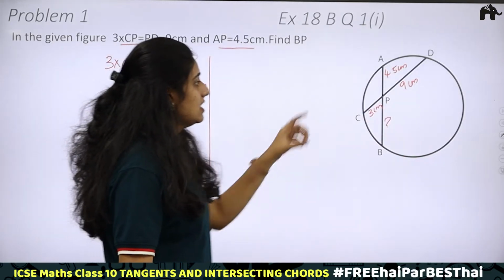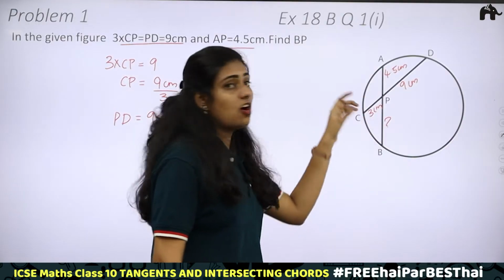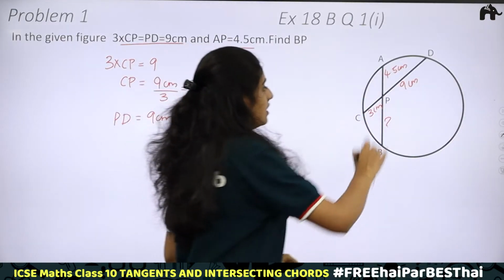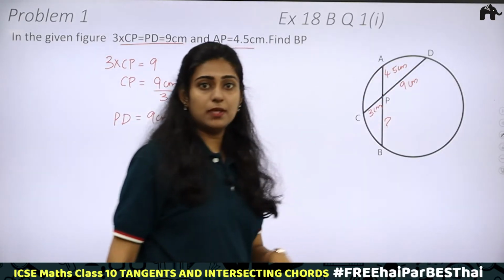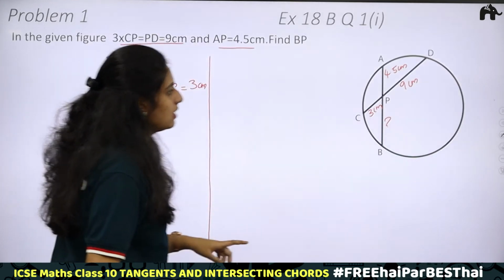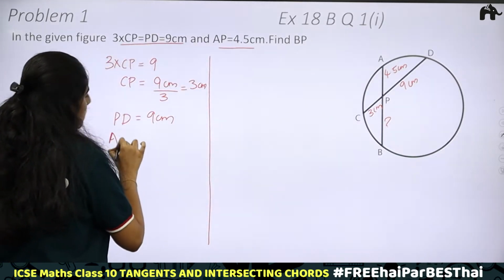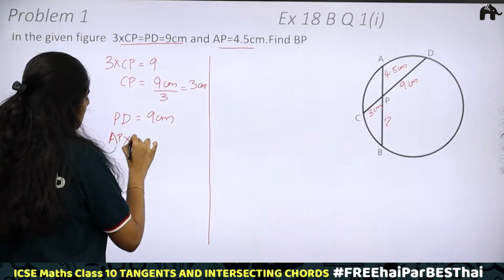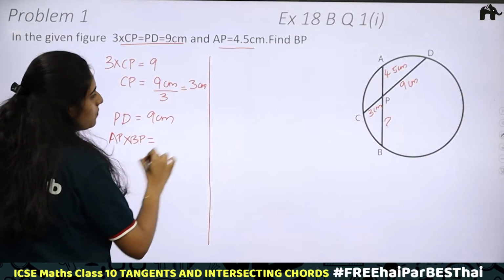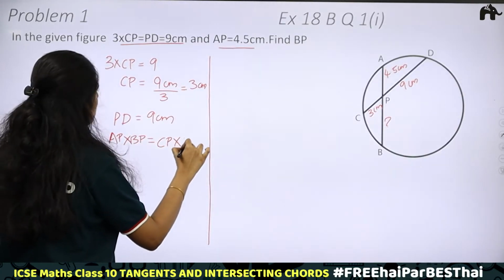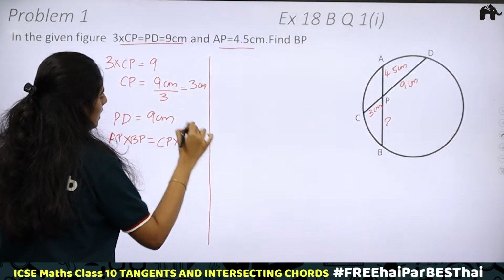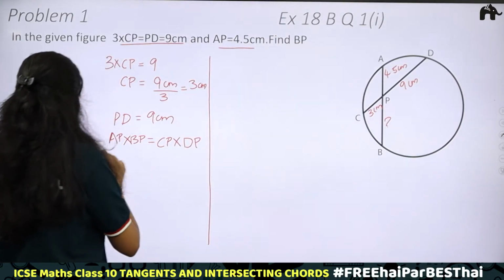When two chords intersect internally or externally, then the product of their segments will be equal. Here what is the product of segments? We will be having AP into BP is equal to CP into DP. Okay, why?